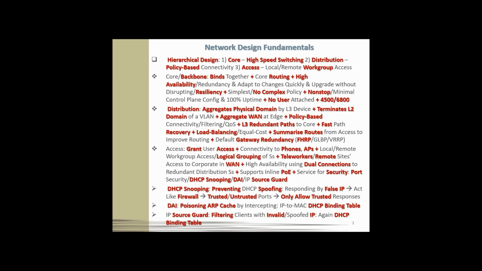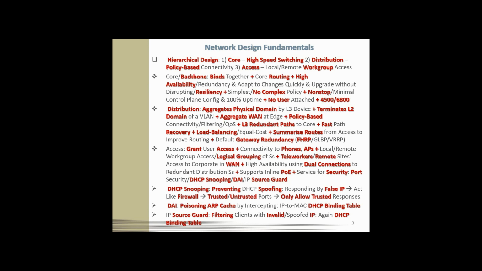Access layer supports high availability. So as you have noticed by now, availability is the common key that I use to describe functions of all these three layers: core, distribution, and access. So here with access layer again, we expect this layer to support high availability via default gateway redundancy similar to distribution layer.